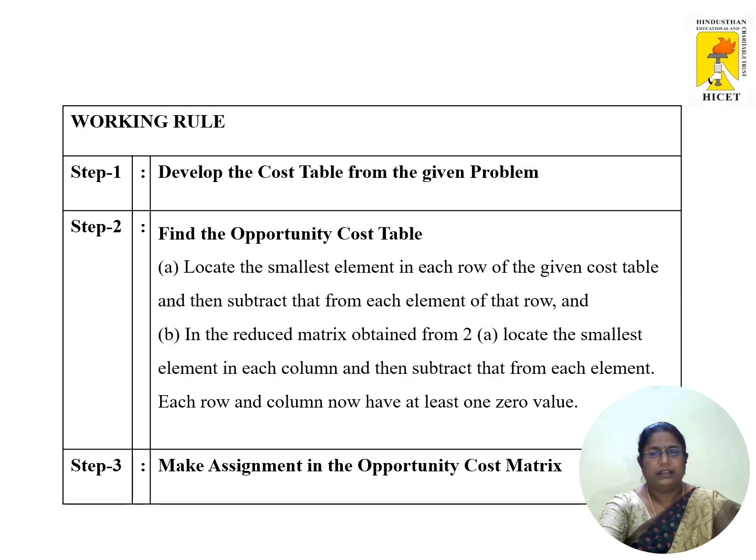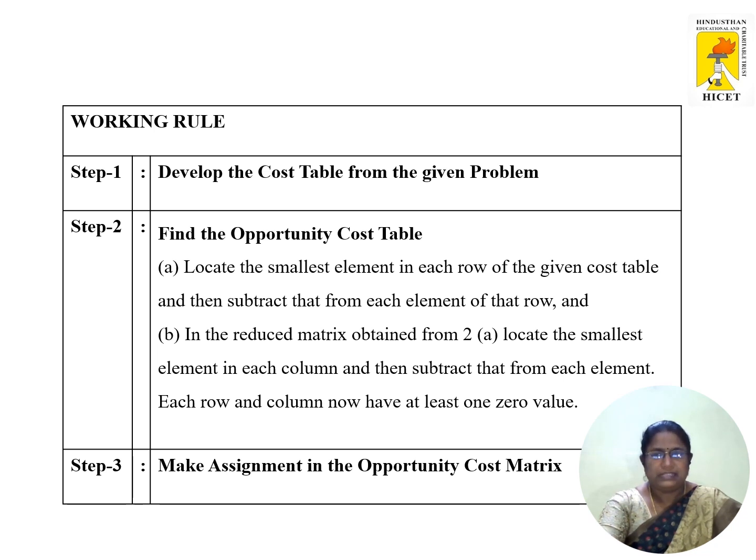Now, the working rule for solving the assignment problem using the Hungarian method. In step 1, first we have to develop the cost table from the given problem. Step 2, find the opportunity cost table. First locate the smallest element in each row of the given cost table and then subtract that from each element of that row.